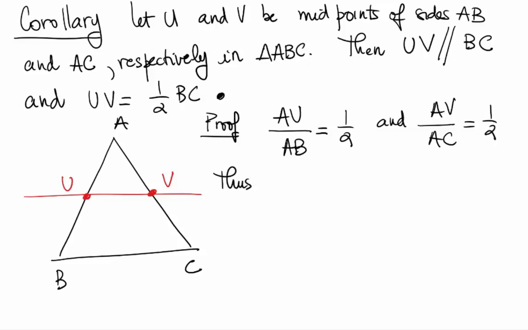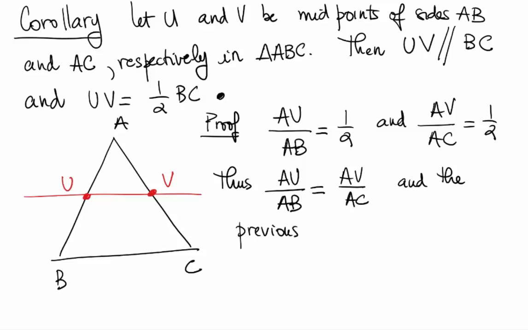Thus, AU over AB must be equal to AV over AC, and by the previous lemma, UV must be parallel to BC.